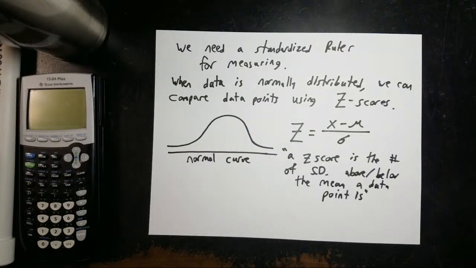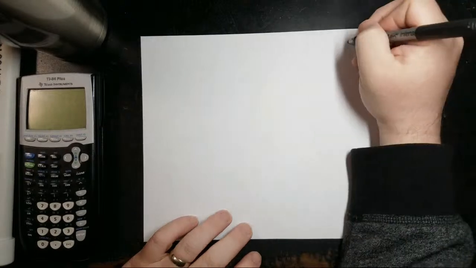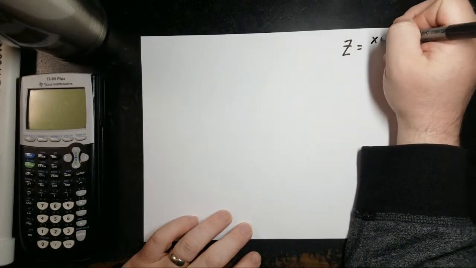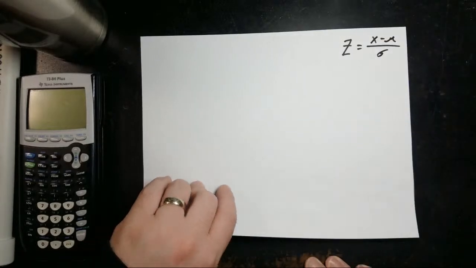That's what a z-score is. So, for example, if I'm going to go back to our athletes, I can do some calculations for athlete A and athlete B in comparison to the events that they competed in. And I will write this little formula over here so that I have it: the data point minus mu, over the standard deviation.